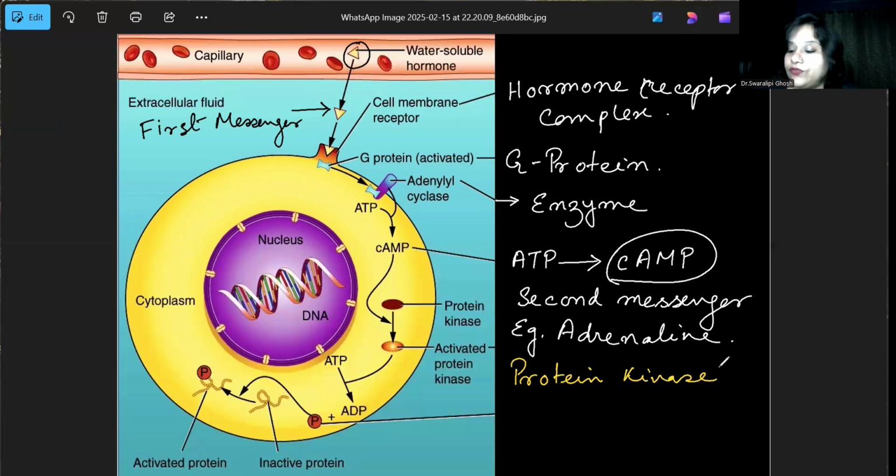So you can see over here, the adenosine triphosphate is becoming adenosine diphosphate. And the inorganic phosphate is getting associated with the protein. The inactive protein is now getting activated, and it is doing all its action. So in this way, the protein hormone does the mechanism of its action in the cell.